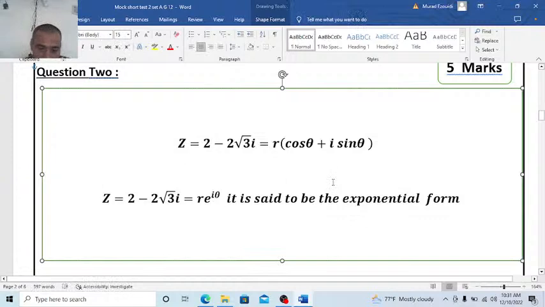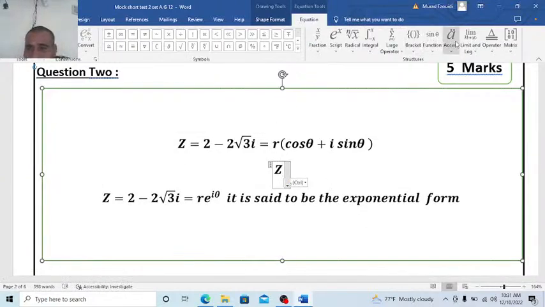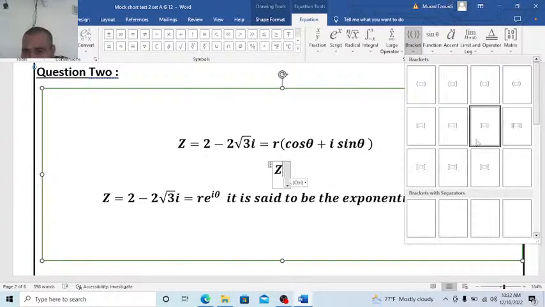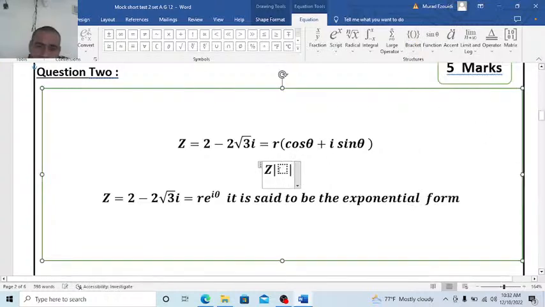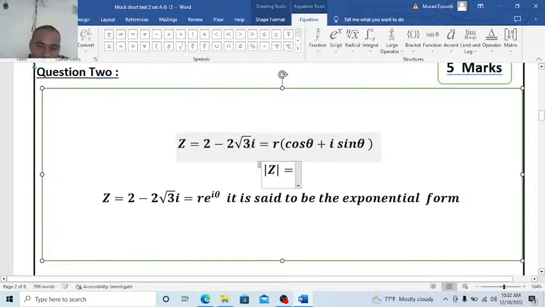Yes, good, Mr. Murad. Here I will write the letter z, the complex number z. Then I should find the modulus of it, or the absolute value, or the radius. So this equals the square root of 2 squared plus minus 2 root of 3, all squared.